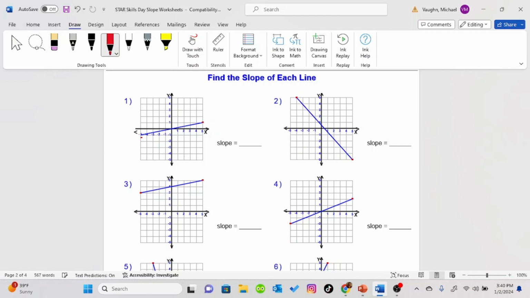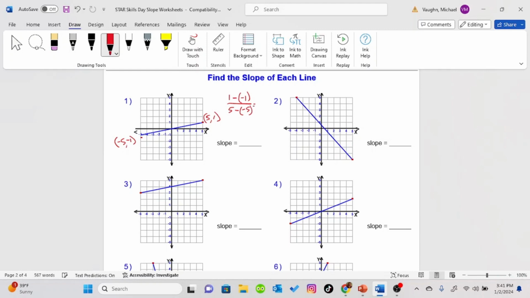So for example, on number 1, here we have the point negative 5, negative 1. And here we have the point 5, 1. So I would take 1 minus -1 and put that over 5 minus -5.